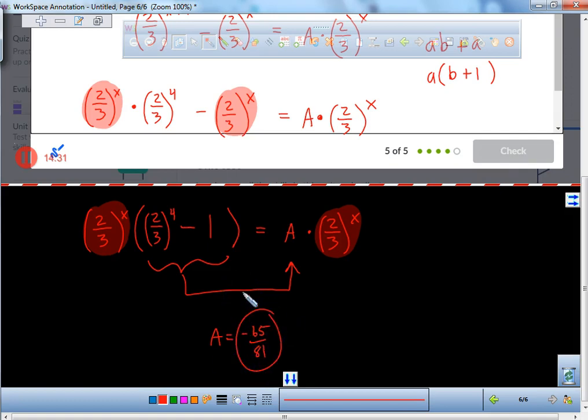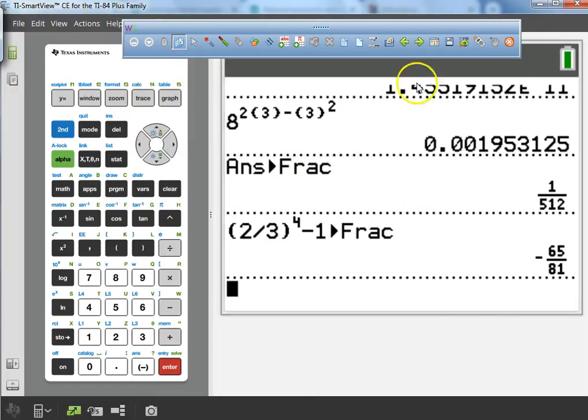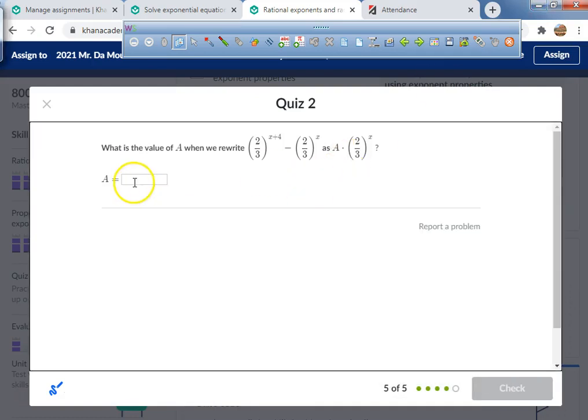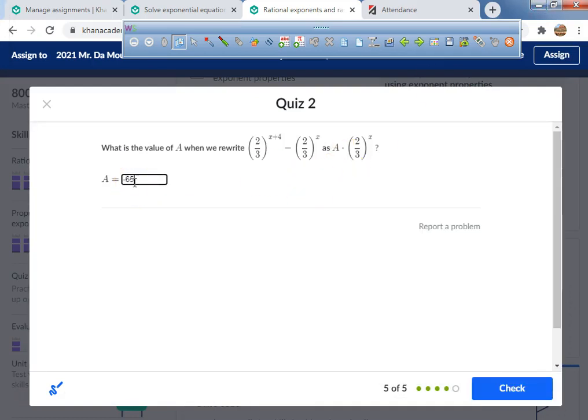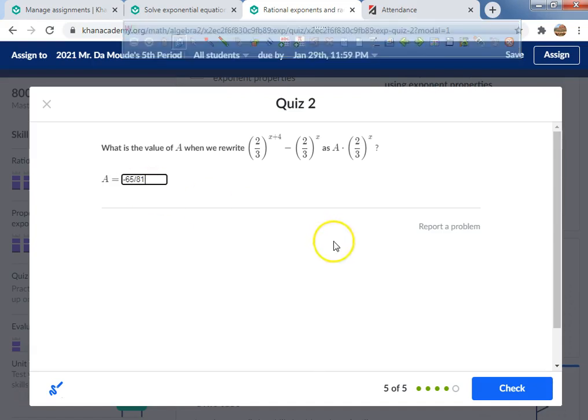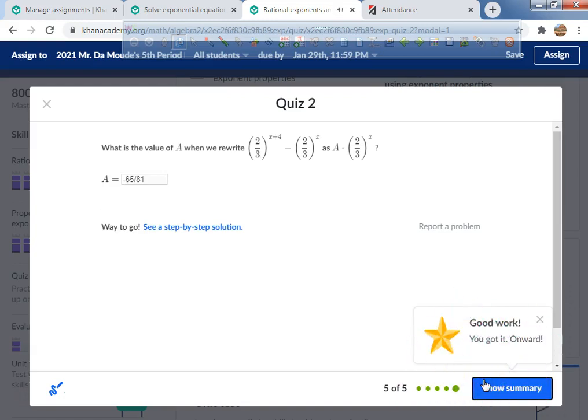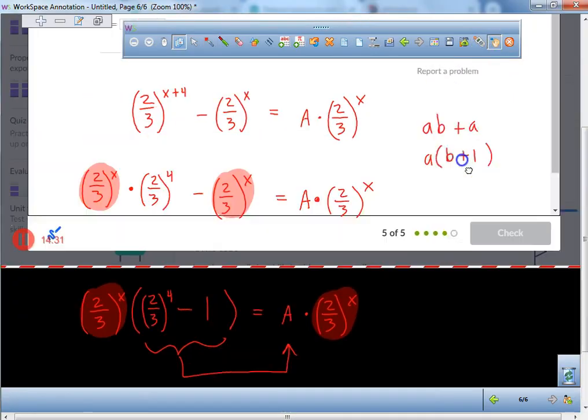I'm just going to trust in my process, even though I got an ugly answer. Negative 65 divided by 81. If I got it wrong, then I did something wrong in the process. But if I got it right, that means I did everything right. So yes, that is an ugly answer, but the process is this, and I'll quickly go over it.